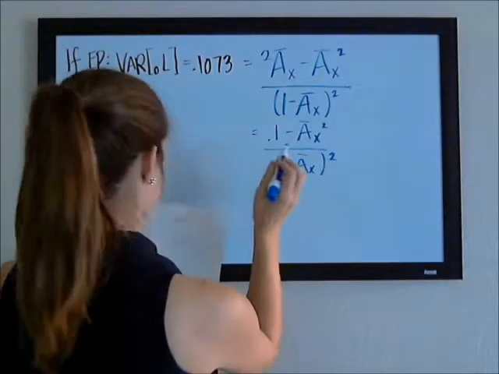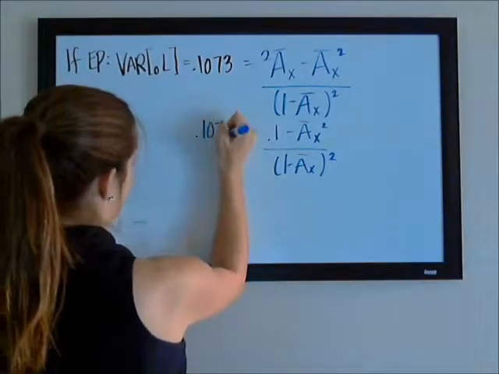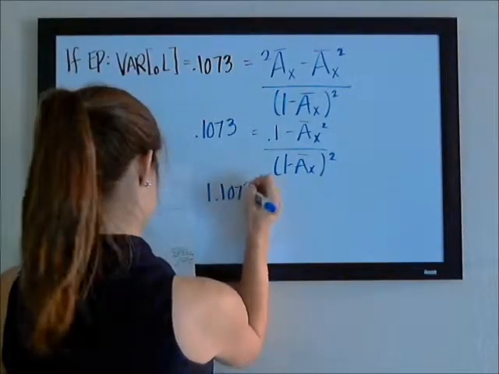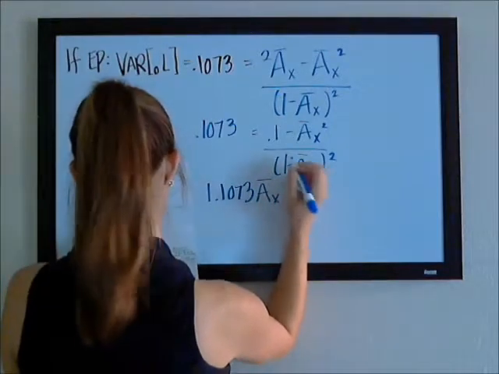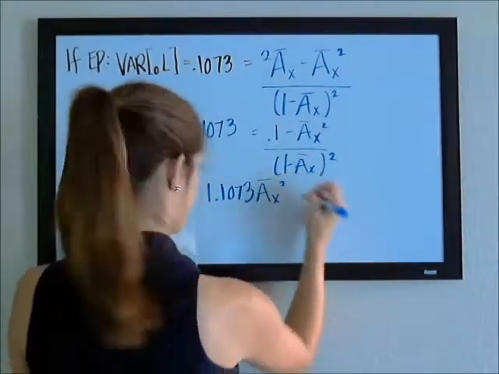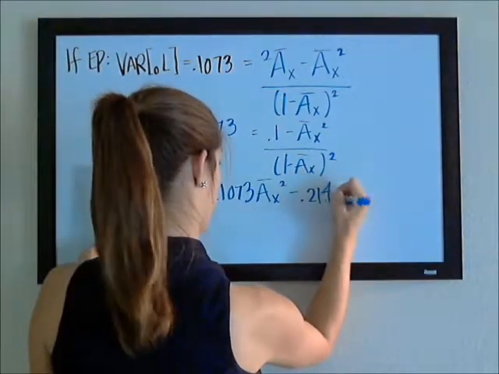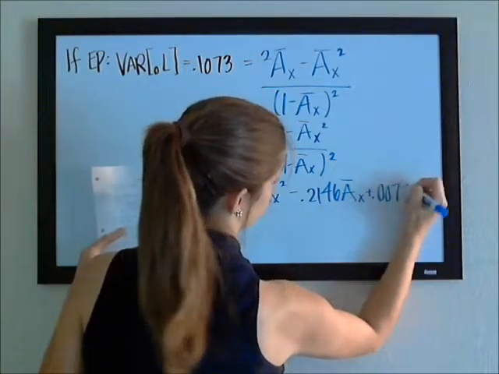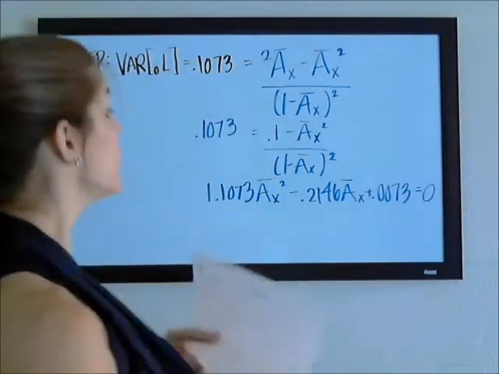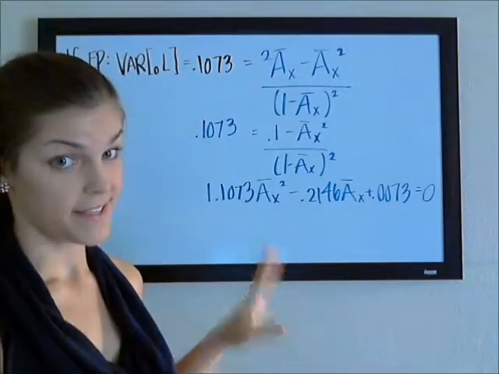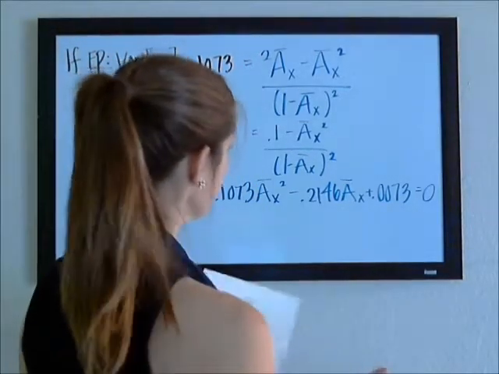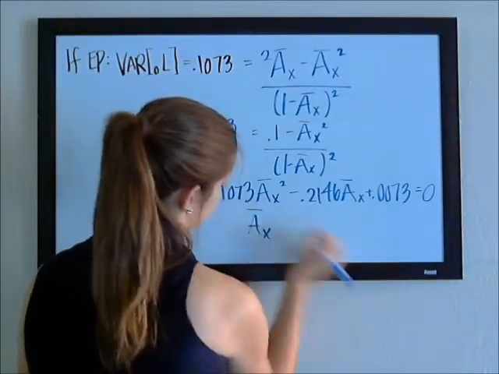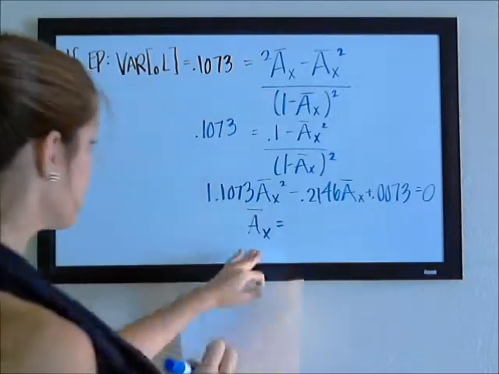You can simplify this down into a quadratic equation, which should be 1.1073 times the insurance squared minus 0.2146 times the insurance plus 0.0073 equals 0. So I'm skipping all the work in between there because I'm confident that you already know how to do that. And then you can use the quadratic formula to get values for your variable here, which is the insurance.